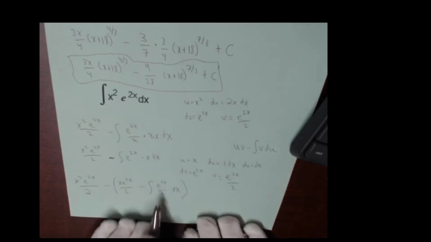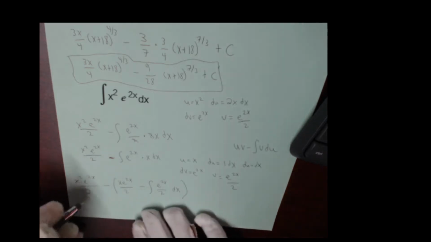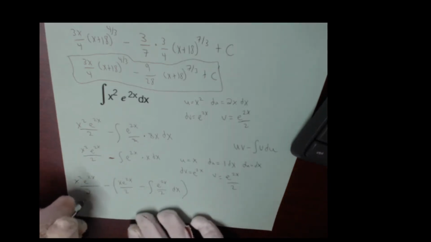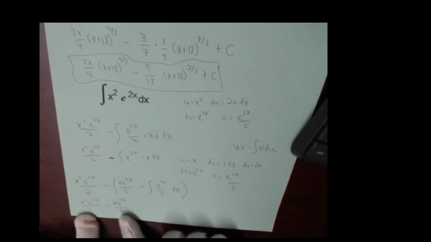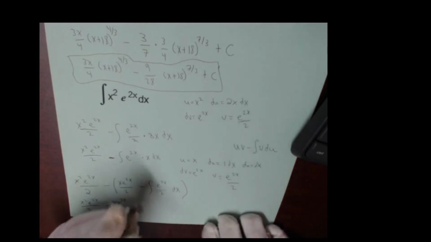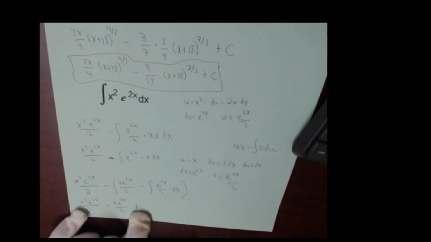However, I have a really good feeling about this integral right here. And the reason I have a really good feeling about it is that we can take it. So this is going to be x squared e to the 2x over 2 minus x e to the 2x over 2. So notice that those do not cancel, unfortunately. Plus, because we have a minus minus, and that's maybe the most common mistake.